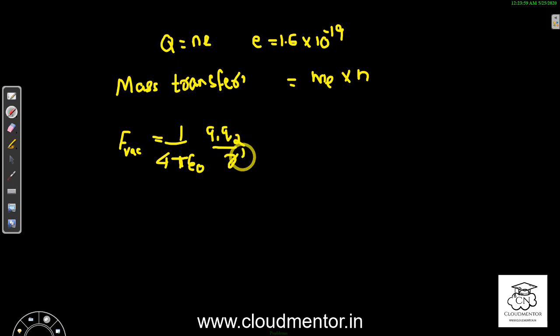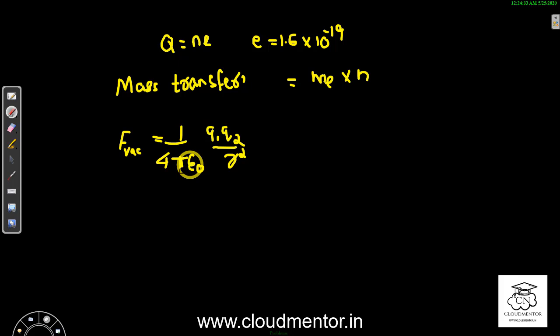Here q1 and q2 are the charges and r is the distance between those charges. Epsilon 0 is the permittivity of free space, and the whole value of 1 by 4 pi epsilon 0 is equal to 9 multiplied by 10 raised to 9.